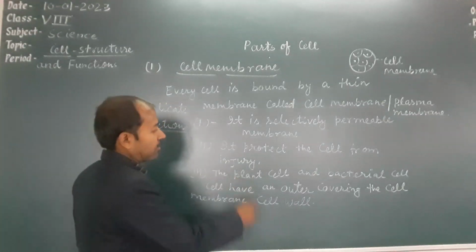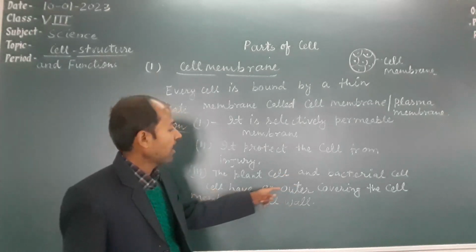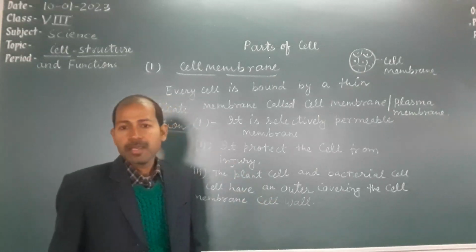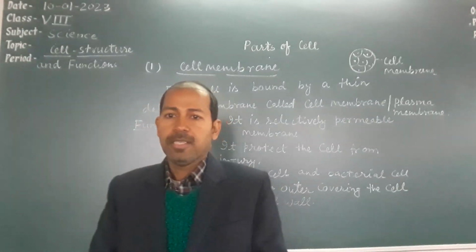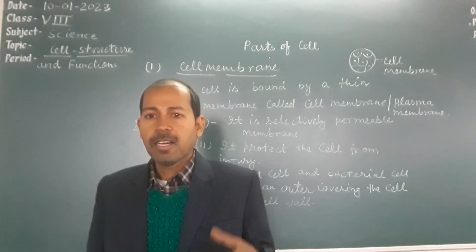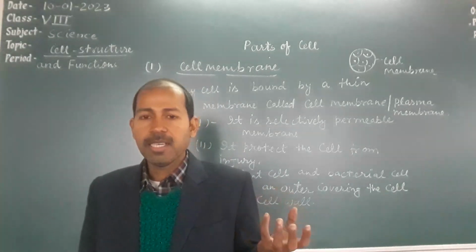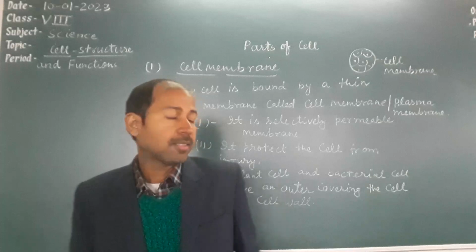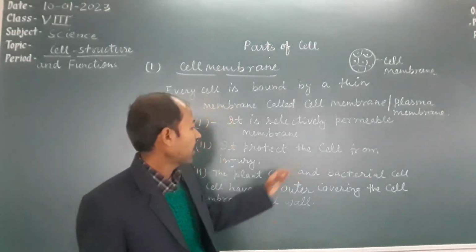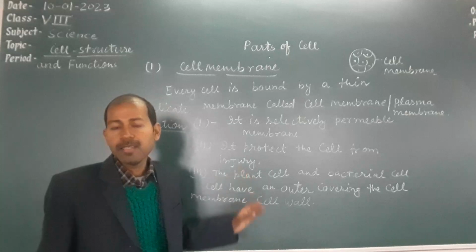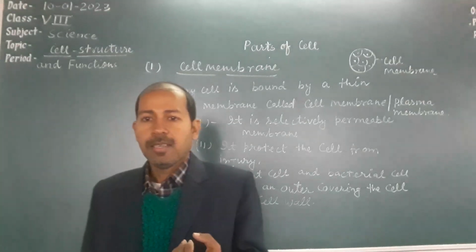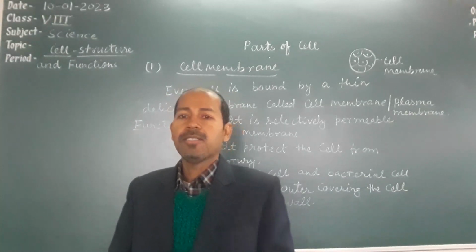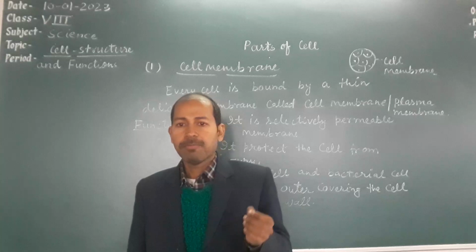Third, the plant cell and bacterial cell have an outer covering outside the cell membrane called the cell wall. In the plant cell, the cell membrane is surrounded by a rigid covering which is called the cell wall, and it is a special characteristic of the plant cell.